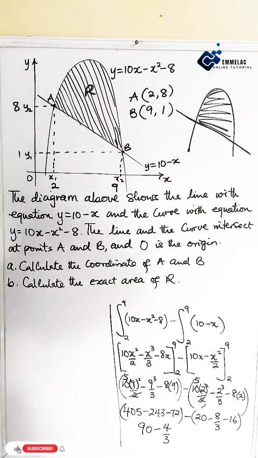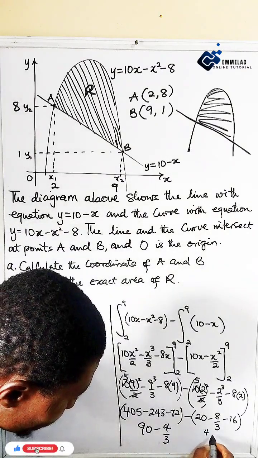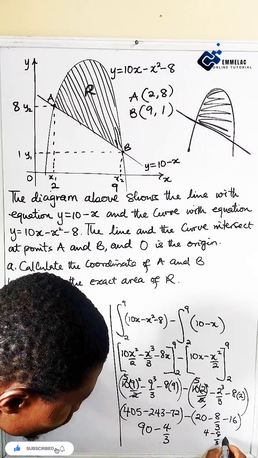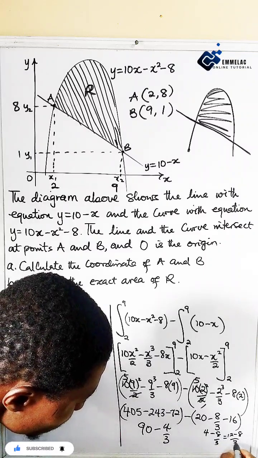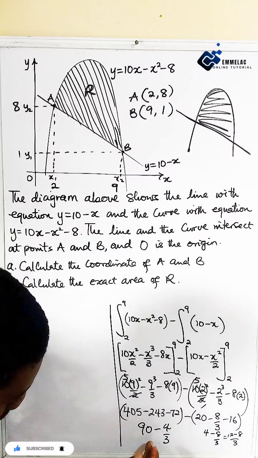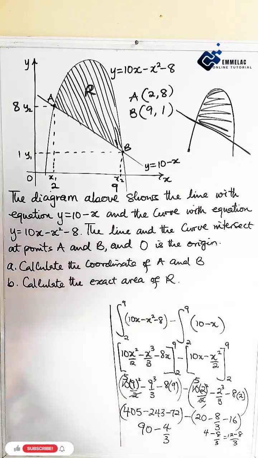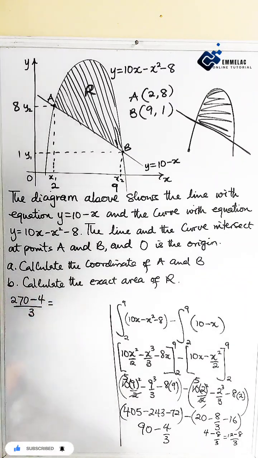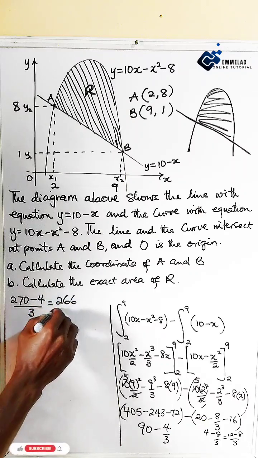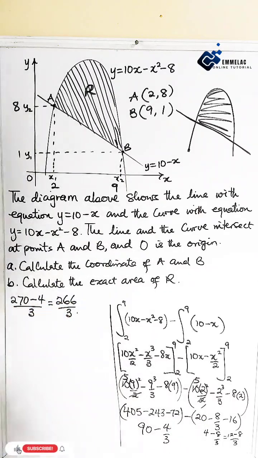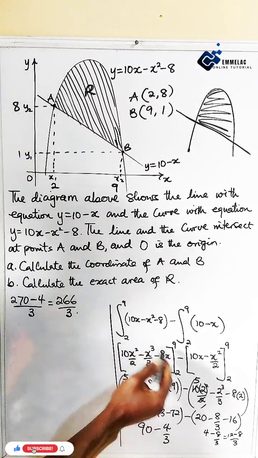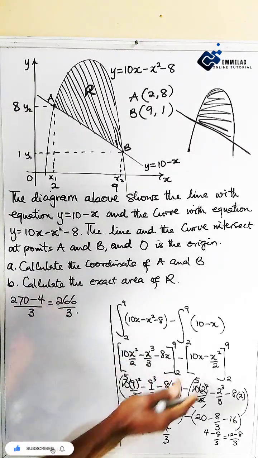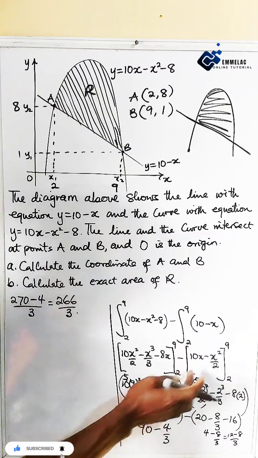So here we have 4 minus 8 all over 3, which will give us 12 minus 8 all over 3, and that will give us 90 minus 4 over 3. And simplifying further, we have 270 minus 4 all over 3, which will give us 266 all over 3. So the value for this expression here is 266 all over 3. Now let us solve the next one.